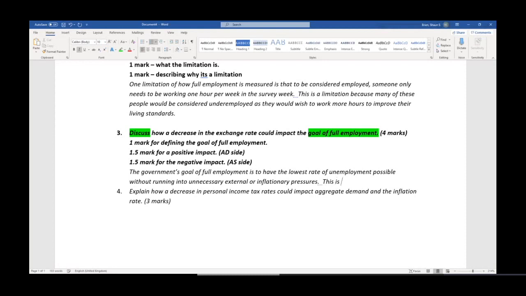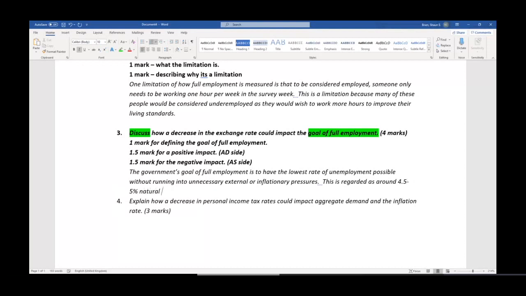This is regarded as around 4.5 to 5% natural unemployment existing in the economy. So that's the first mark, saying what the goal is.